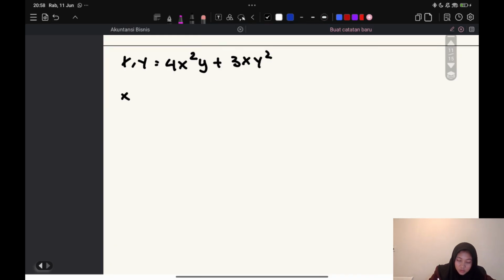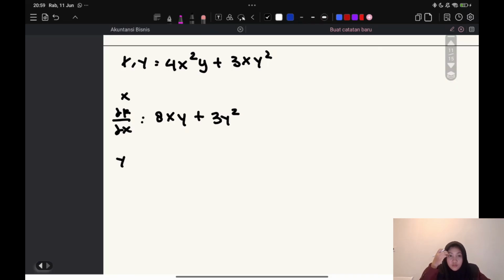Okay, ∂v/∂x. We take the partial derivative, which gives 8xy + 3y^2.